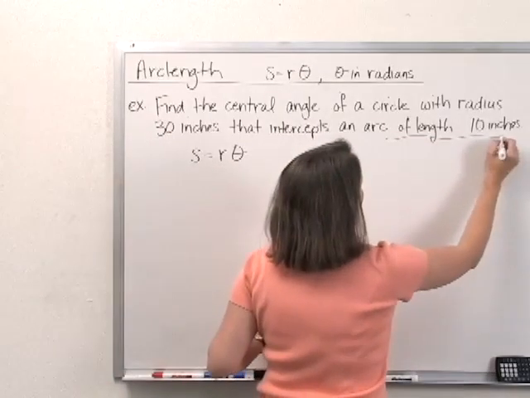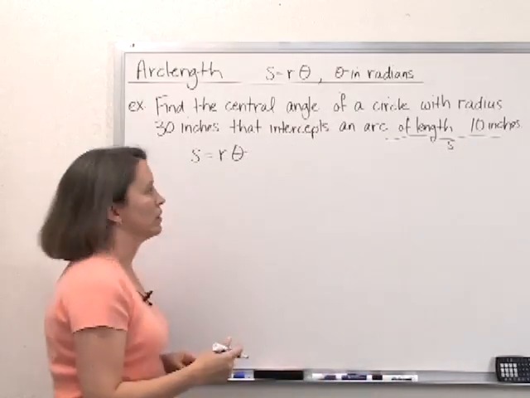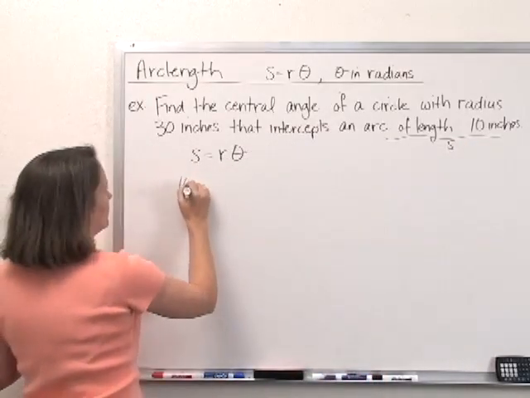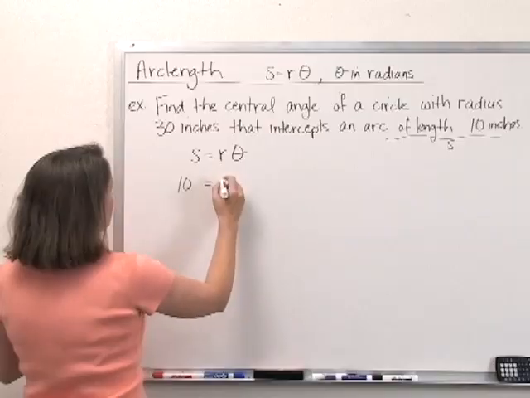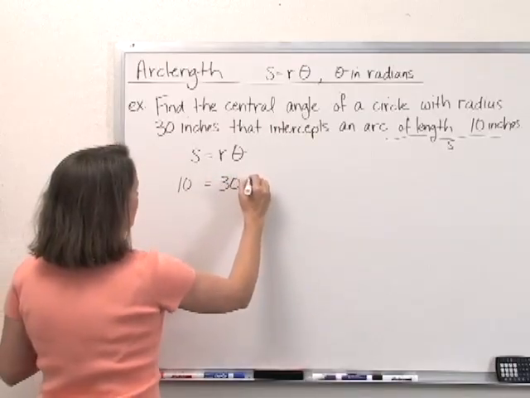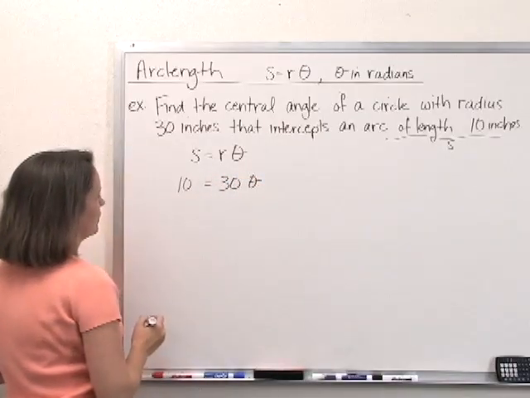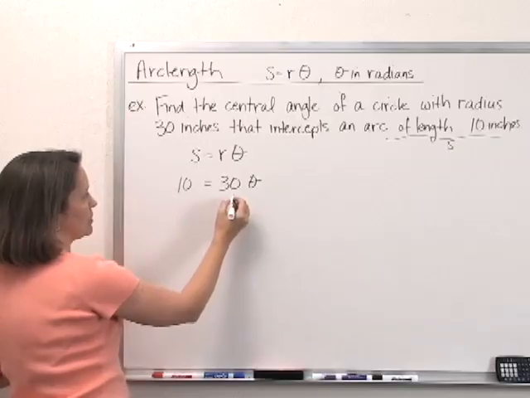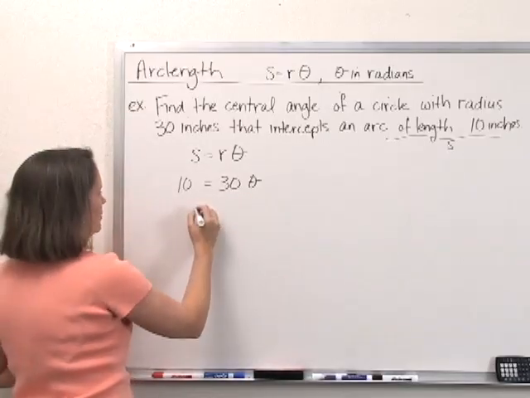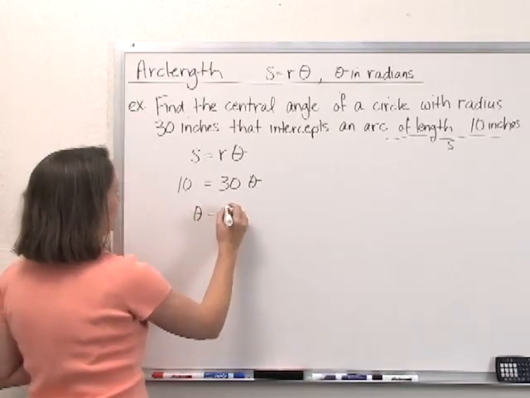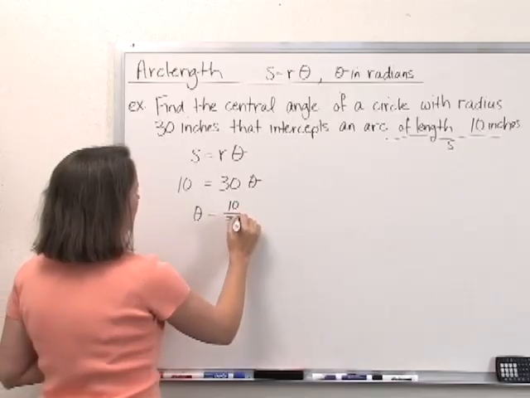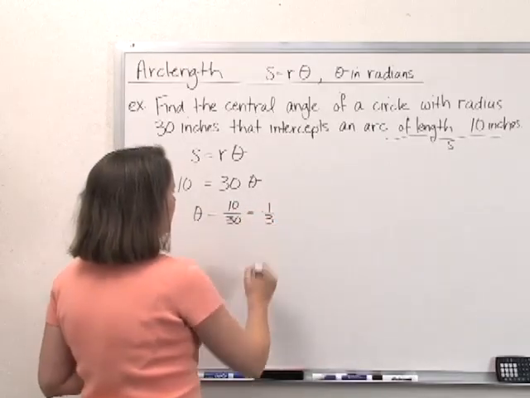So an arc of length 10 inches, this is the S in our formula. R is 30. If we divide both sides by 30, we'll have theta by itself already. So theta is 10 over 30, or 1/3.